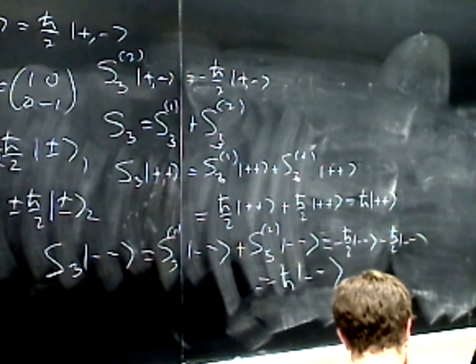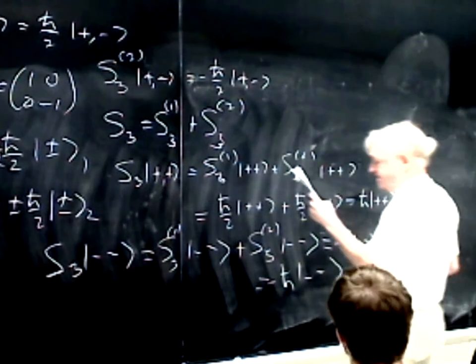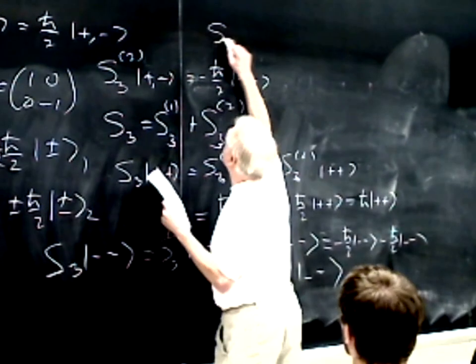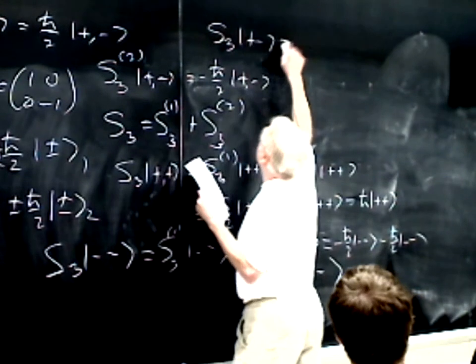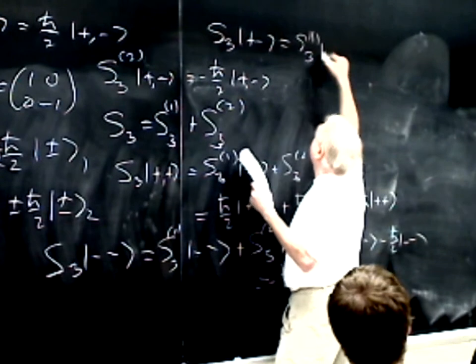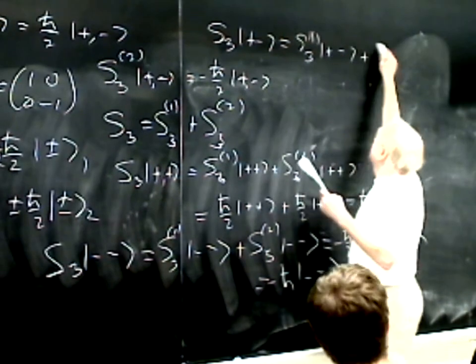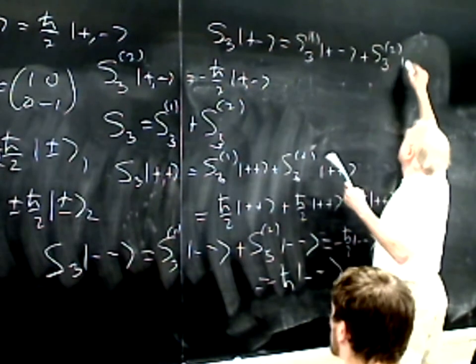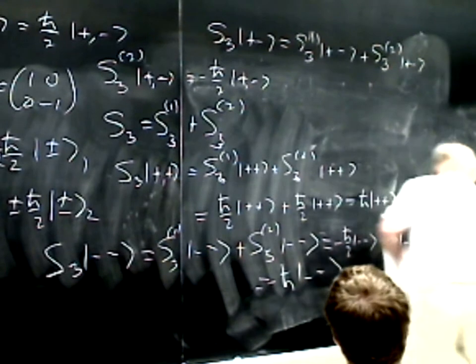On the other hand, the states plus minus are eigenstates of S3 with eigenvalue 0, because this will be S3^(1) on plus minus plus S3^(2) on the plus minus.